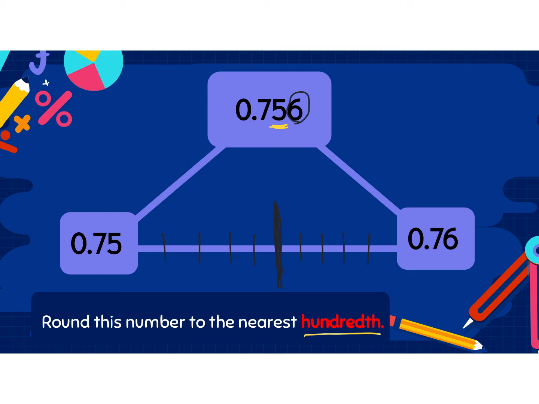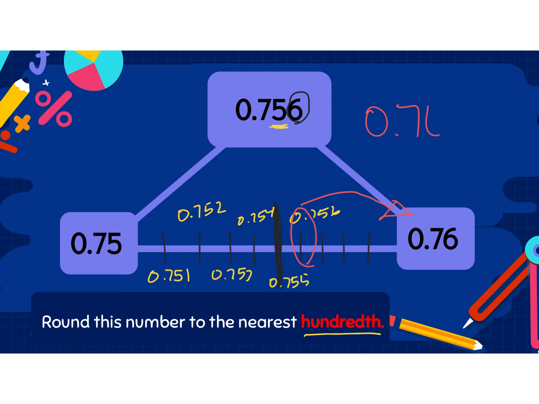Remember, if we were to plot this on our number line right here, it would be 0.751, 0.752, 0.753, 0.754, 0.755, 0.756. If we see in this case, that one would be right here. We can tell that 0.756 is closest to 0.76, so our number would round up.